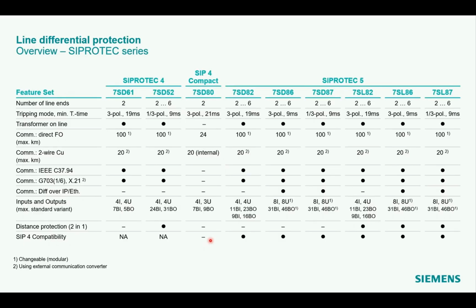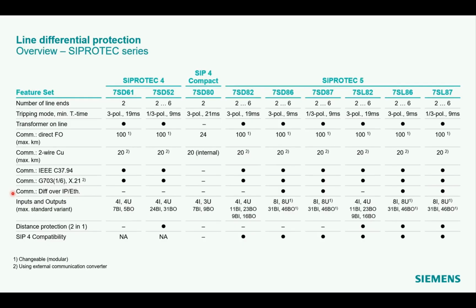Different types of communication interfaces are provided, listed here. From direct fiber optic, pilot wire communication, IEEE C37.94, up to the recently introduced line differential over IP Ethernet networks.